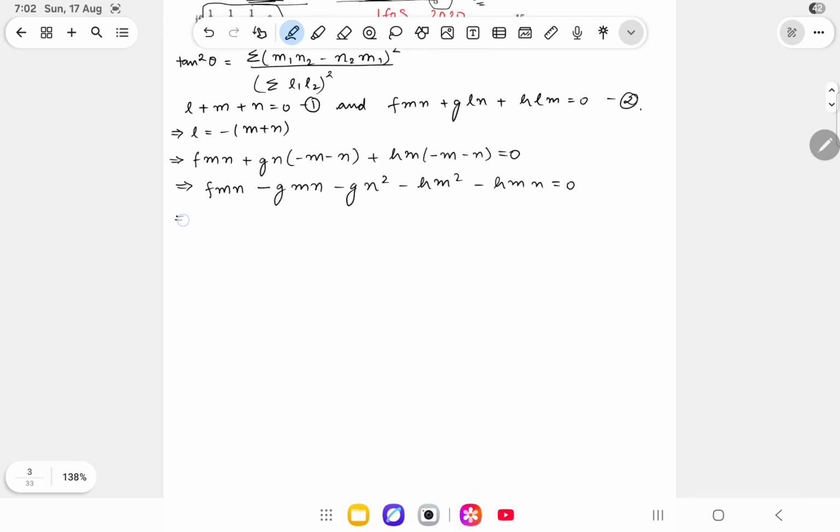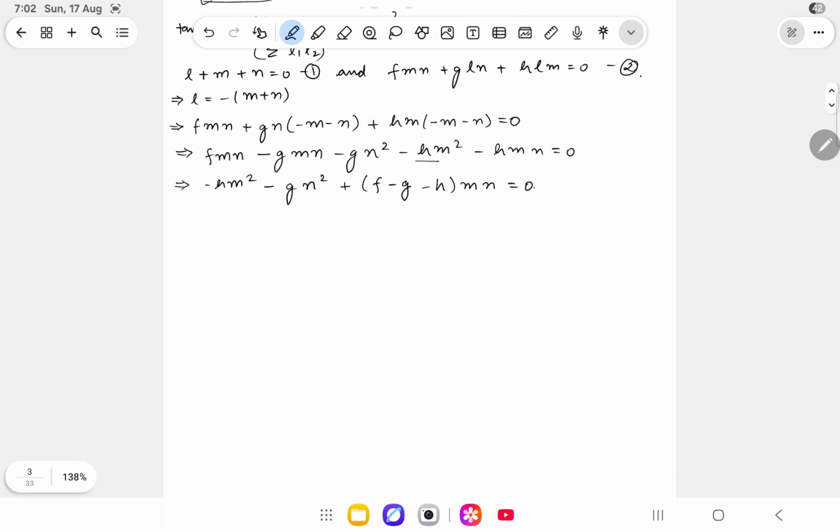Let's club the coefficients. So minus hm square minus gn square plus f minus g minus h mn equals 0. If I multiply this whole equation by minus, I'll get hm square plus gn square plus g plus h minus f mn equals 0.